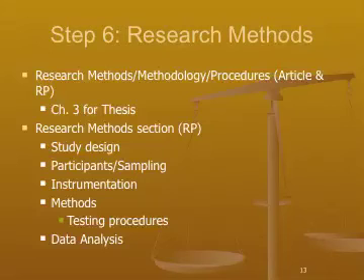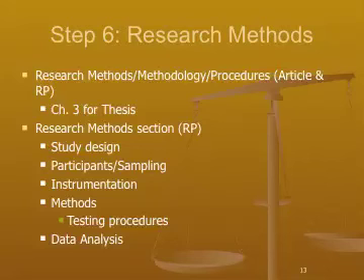And for a thesis, this is its own chapter, and it's Chapter 3. Now, in our research paper assignment, I'm asking you to have the following sections within your research methods section. Sections within sections. You'll describe the study design. Again, you'll be learning about this as we go through this class. Who are your participants and how did you go about getting them? That's called the sampling.